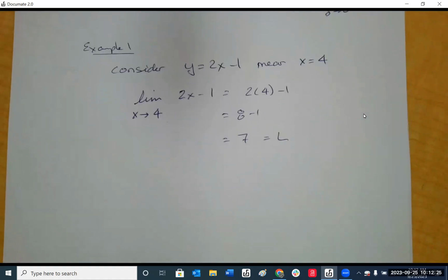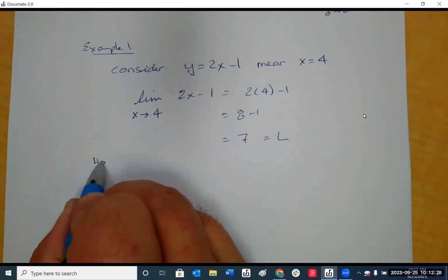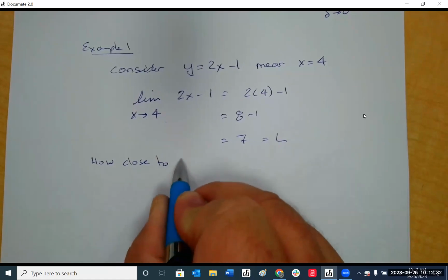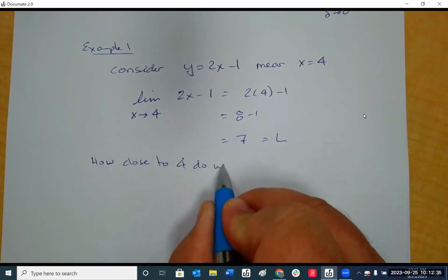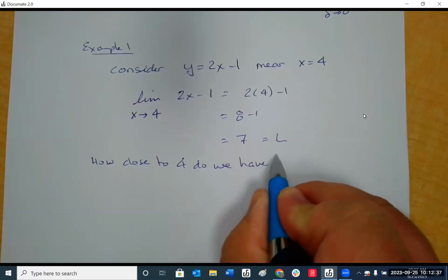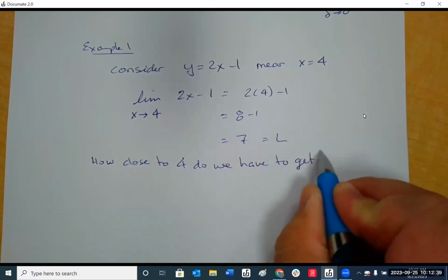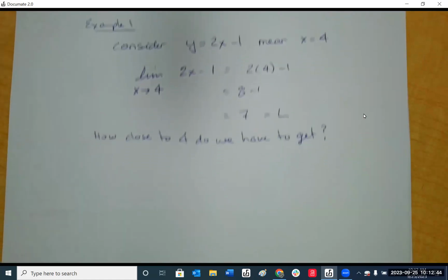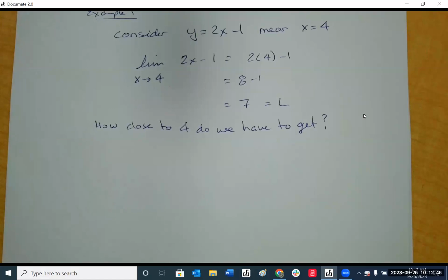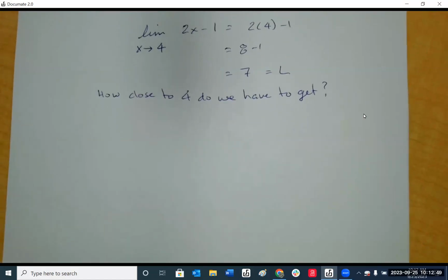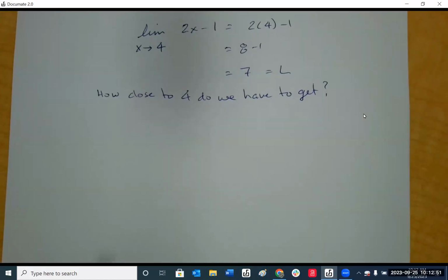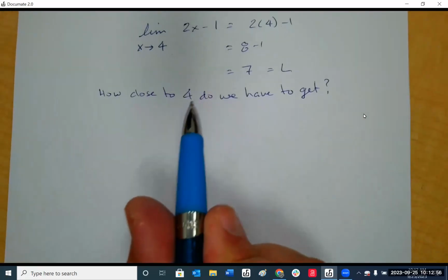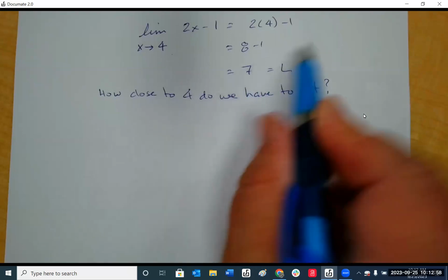So how close to 4 do we have to get? That's what the whole thing is all about. Okay, so we know that the limit is going to be in there.